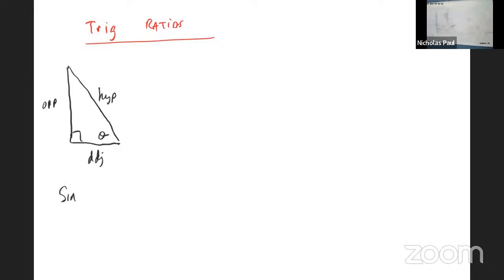Yeah, SOHCAHTOA. Sine theta represents the ratio of opposite over hypotenuse. Cos theta represents the ratio of adjacent over hypotenuse, and tan theta represents the ratio of opposite over adjacent.